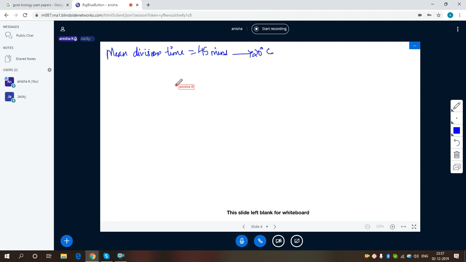If one of these bacteria was given the same conditions, how many bacteria would be there in the population after 9 hours? Now we have to find the population after 9 hours. So how are we going to do this?